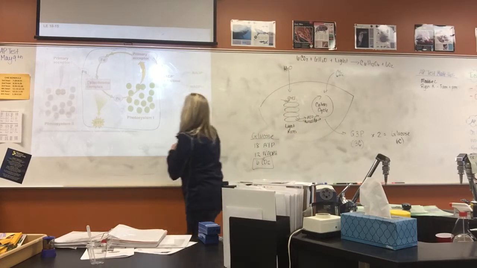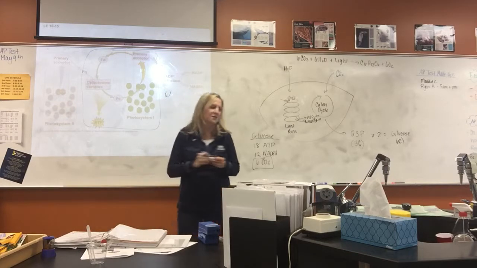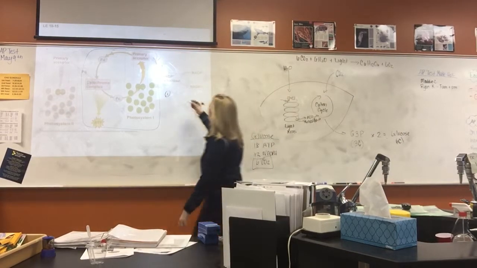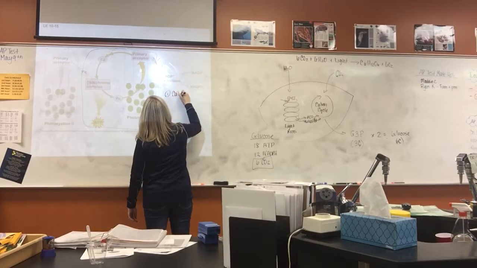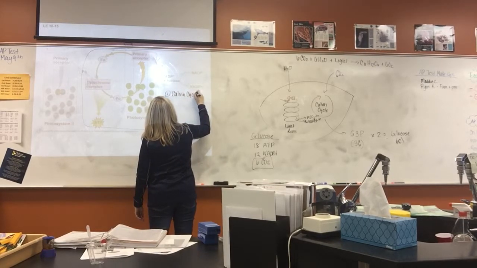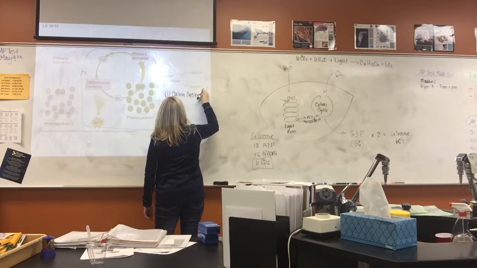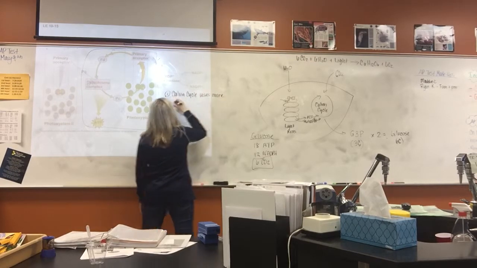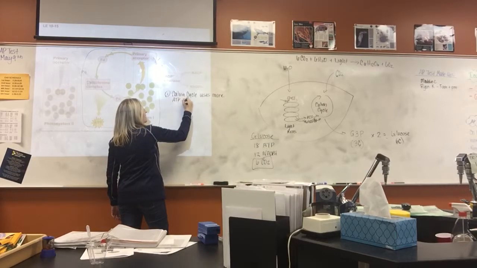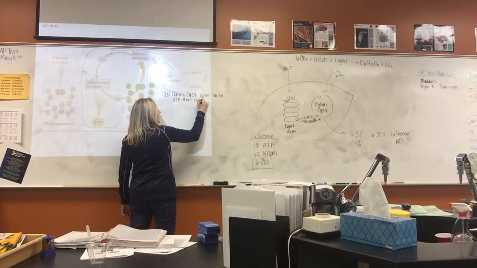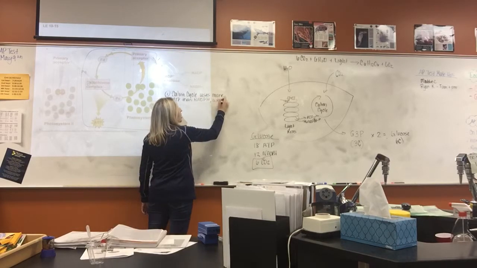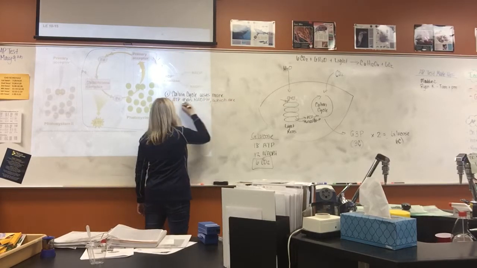All right, so let's write it. I'm going to put a couple of steps here so that we can write that the chloroplast of the Calvin cycle uses more what than what? ATP than NADPH, which are made roughly in equal quantities.